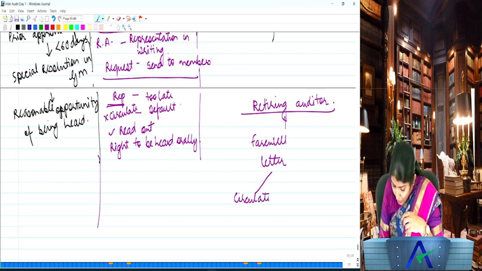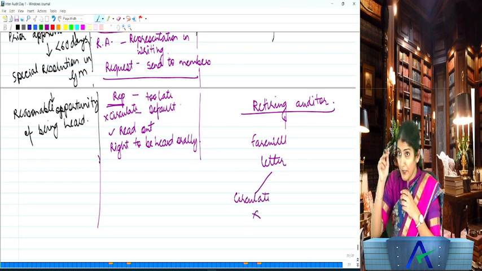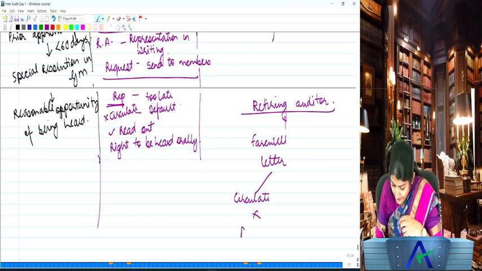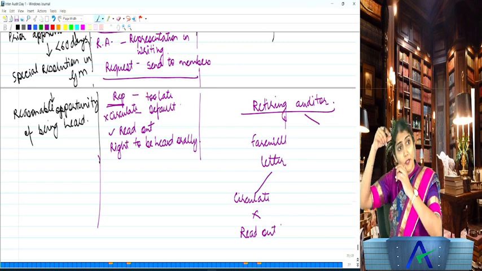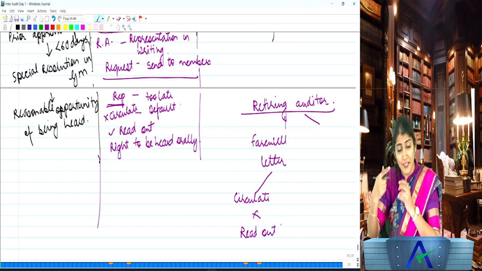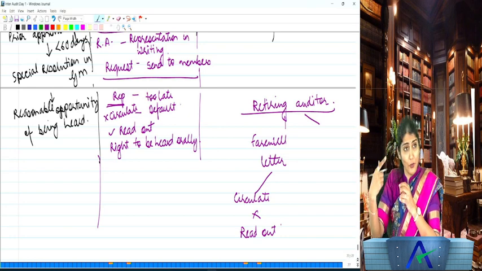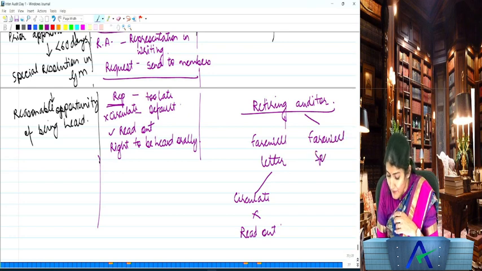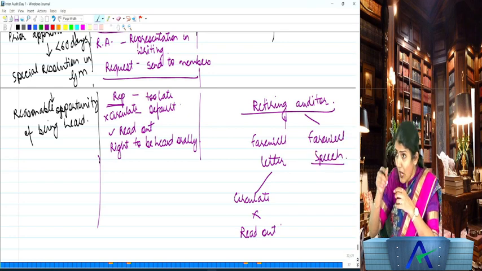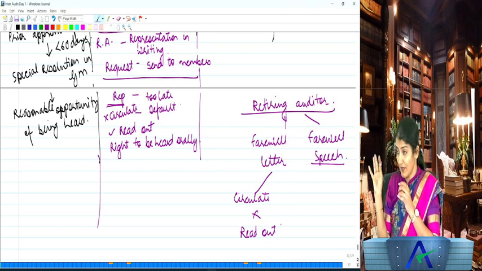If it could not be circulated, then it could be read out at the meeting. So either you circulate it or you read it. If it is circulated, then no need to read. But in addition to this, the retiring auditor also has a right to give a farewell speech, without prejudice to the right to be heard orally at the meeting.